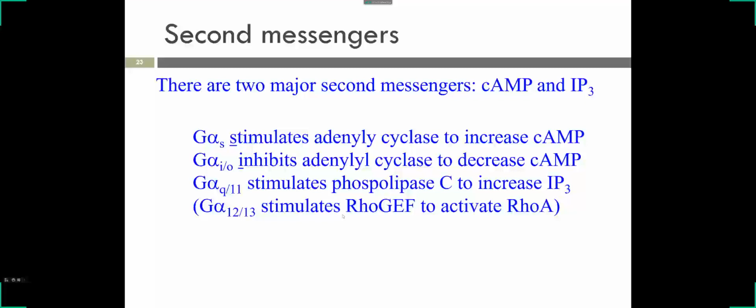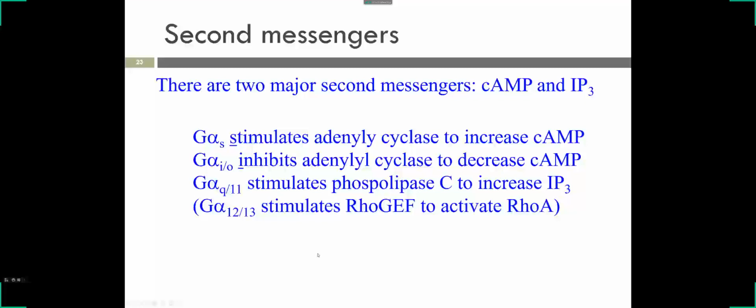So to get different second messengers activated, the receptors use different G-alpha proteins. So we have G-alpha S, which stimulates adenylate cyclase to increase cyclic AMP. We have the G-alpha I/O family, which inhibits cyclic AMP production.